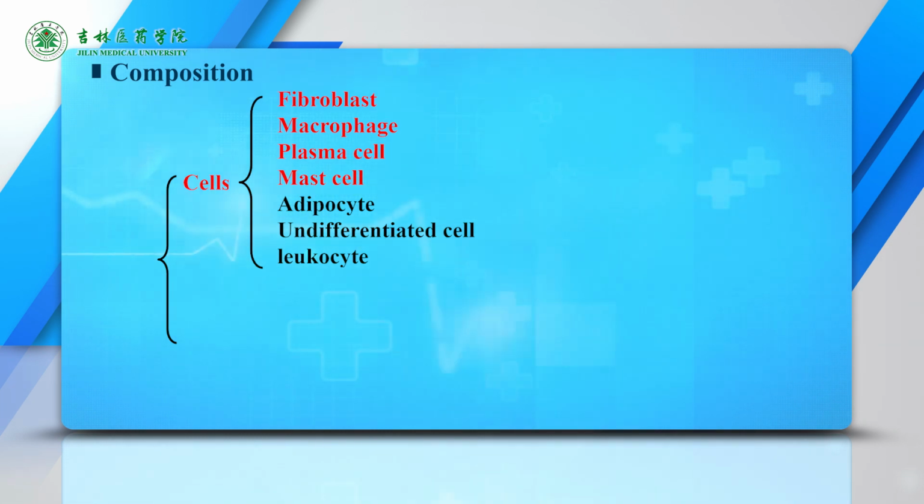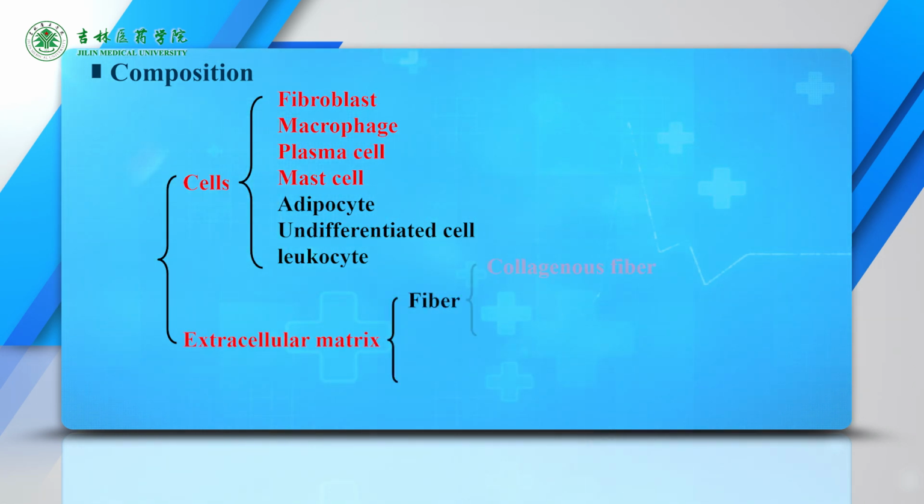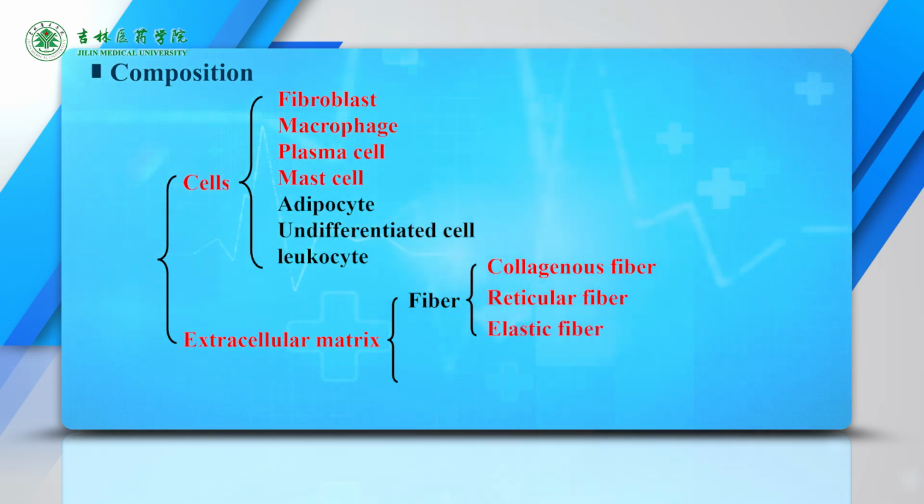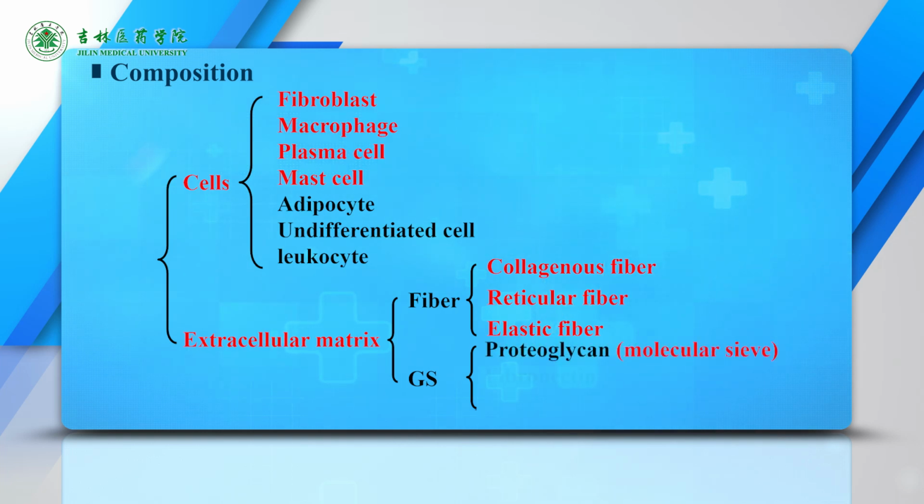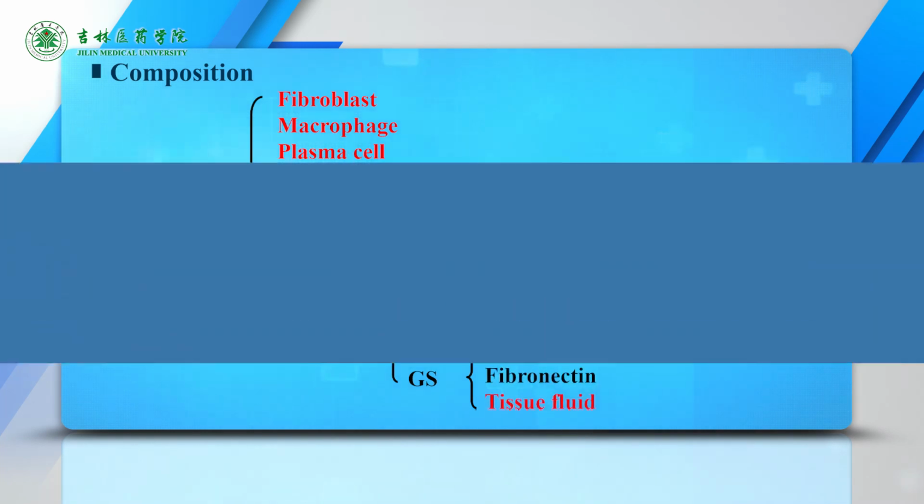First, the four types are the emphasis. Extracellular matrix: there are three types of fibers: collagenous fiber, reticular fiber, and elastic fiber. About ground substance, we should master two concepts: molecular sieve and tissue fluid.